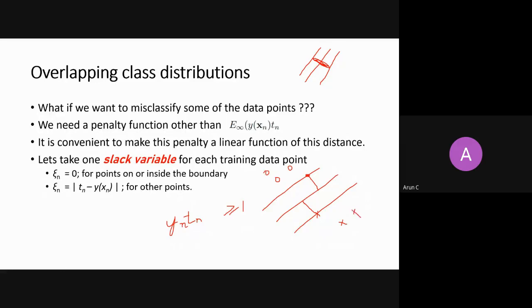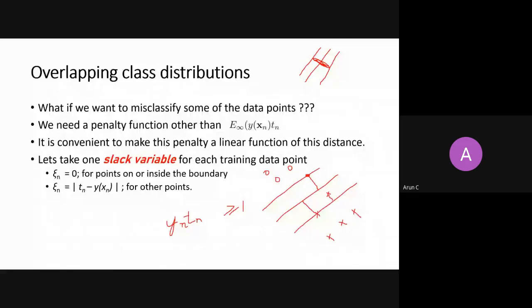You were saying this in hard margin, but here you are saying, okay, let's say that I am okay to get some points here. For this point, though ideally I wanted to make this equal to 1, if some error can be accommodated here as well, then I can accommodate some error here.